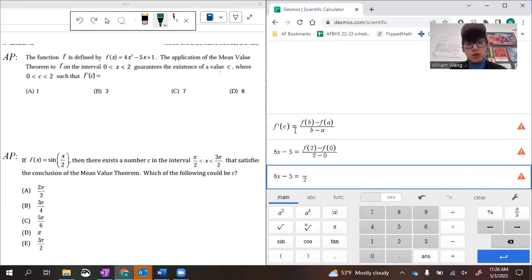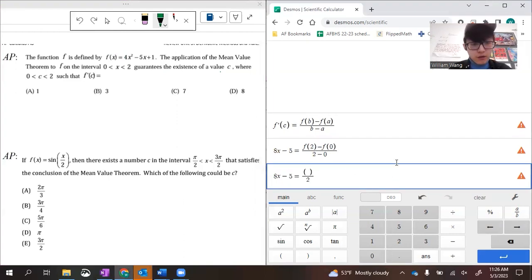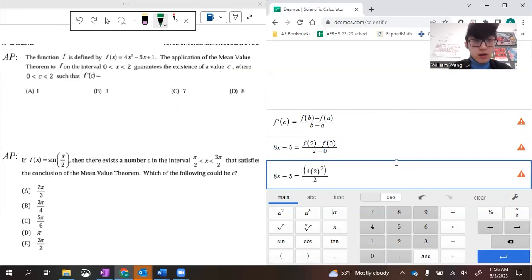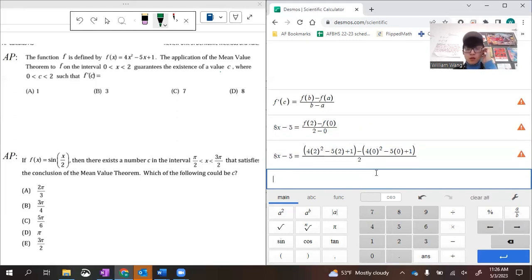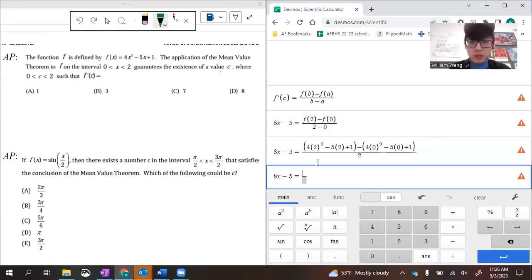f of 2 is what? Well, I'm going to take my 2 and plug it into f of x right here. So it's going to be 4 times 2 squared minus 5 times 2 plus 1, minus, when I plug in 0, same deal, but I plug in 0. All right, that means 8x minus 5 is equal to, let me simplify this a bit.